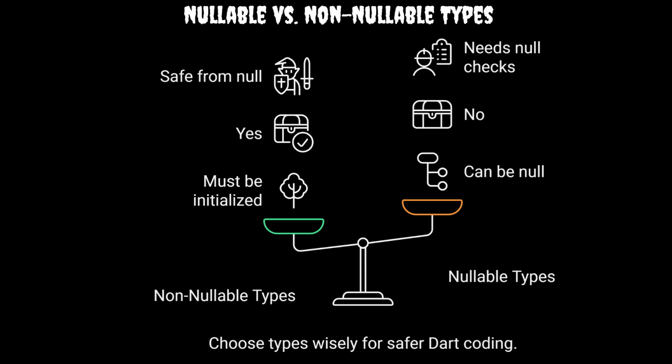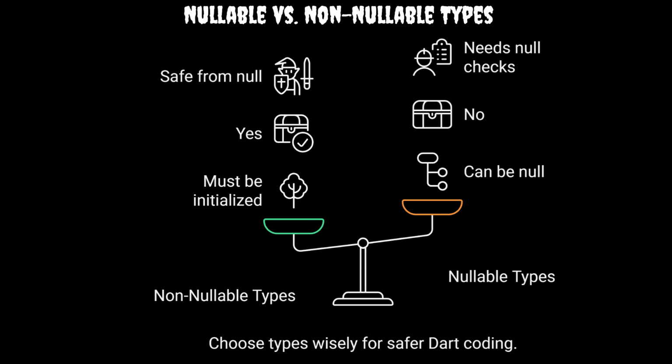Now let's look at nullable types. These types are the ones that can hold a null value. You declare them using a question mark after the type, for example, String? name. Because nullable variables can be null, they require null checks before you access their properties or use them in expressions. This is Dart's way of making sure you're consciously handling the possibility of a missing value.